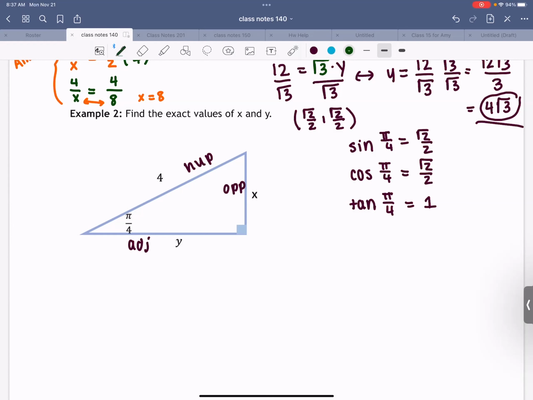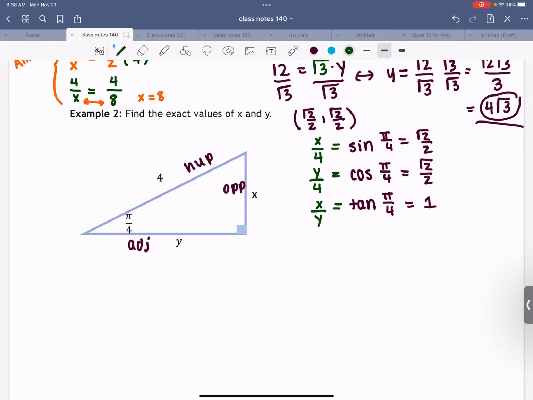Sine is opposite over hypotenuse, so sine is x over 4. Cosine is adjacent over hypotenuse, so that is y over 4. And tangent is opposite over adjacent, so tangent is x over y. So I know that these relationships exist.